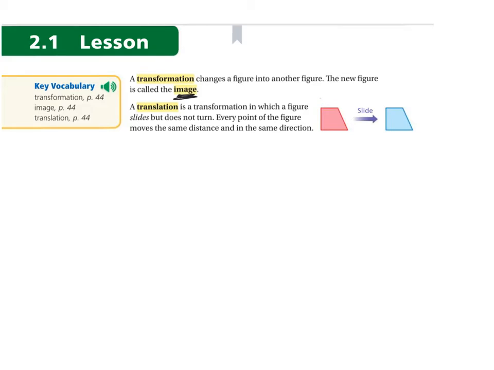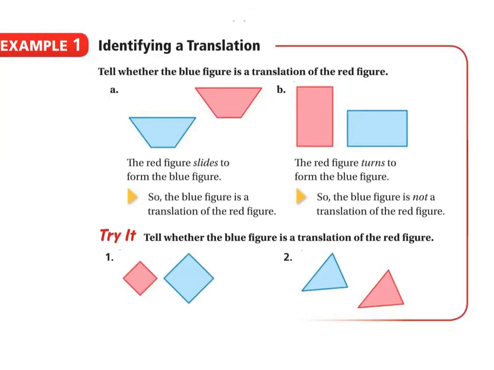Okay? Translation is basically sliding it right, or sliding it up and right or left or up and down. Let's look at this. So as you can see here in A, this shape is the exact same as this shape. It hasn't turned, it hasn't done anything differently. It simply slid to the right and then slid up. So this is the image of this, okay?